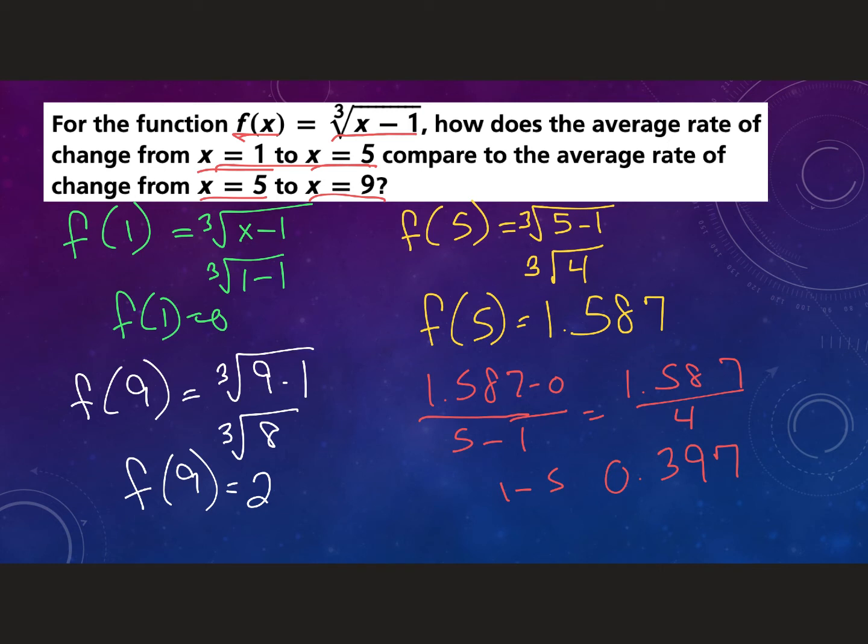Then if I want to go between 5 and 9, I'm going to do 2 minus 1.587 over 9 minus 5. 2 minus 1.587 is going to give me 0.413 over 4, which gives me 0.103.